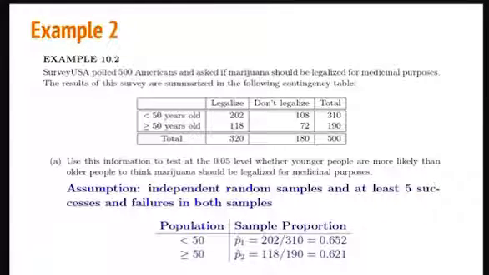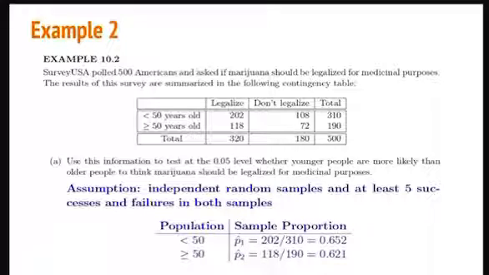I want to walk you through an example now on difference of proportion. Survey USA polled 500 Americans and asked if marijuana should be legalized for medicinal purposes. The results of the survey are summarized in the table. We have less than 50, greater or equal to 50, and their responses: legalize, don't legalize.